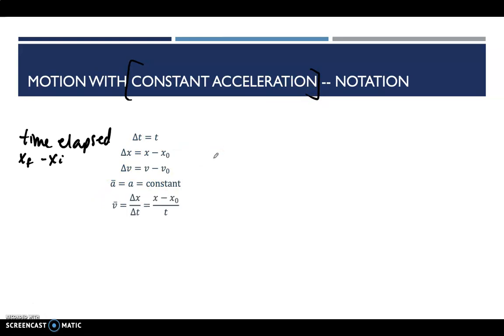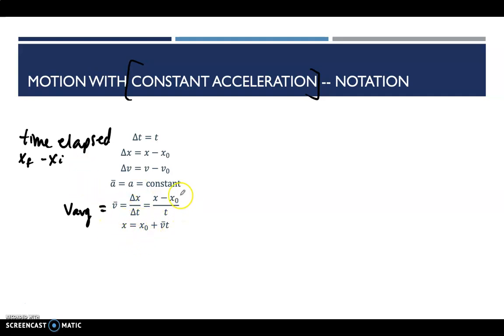So we're then going to say that v, our average velocity here, is our change in x over change in t, or just x minus x naught over t. And so we're going to rearrange these equations in order to describe our motion. We're going to get what's called equations of motion.